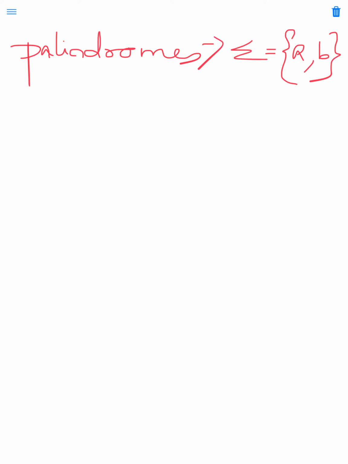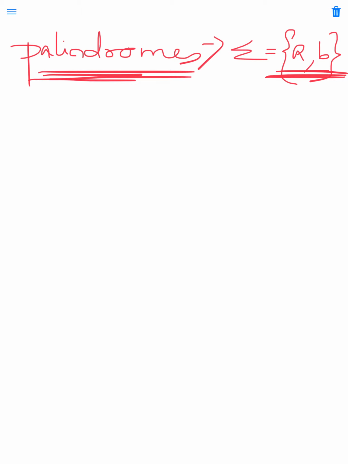So the terminals will be formed from this input alphabet. Okay, so we have to generate a context-free grammar which will be accepting the strings generated from these terminals A and B, and those strings are palindromes, that we have to prove.